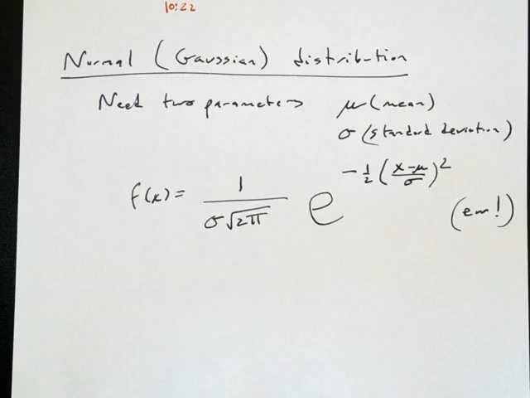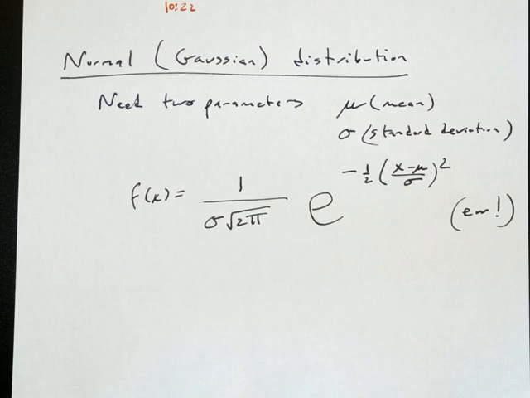What this tells me is that my curve will have its center at the average and it will spread out from there based on the size of my standard deviation. If my standard deviation is large, we'll get a very wide, shallow curve. If my standard deviation is small, we'll get a very tight looking curve with a very sharp peak in the middle. But every single normal distribution really can be thought of as living between 3 standard deviations down and 3 standard deviations up.